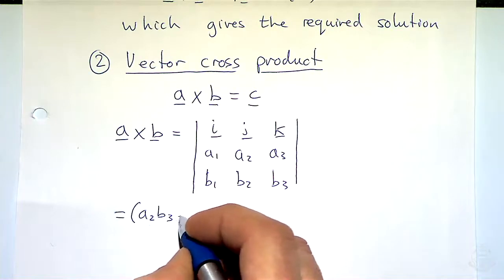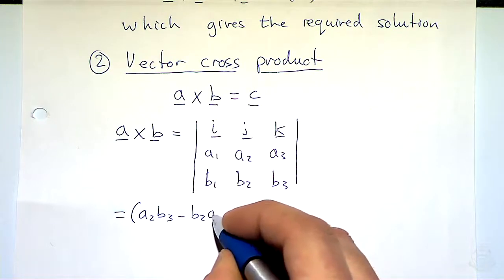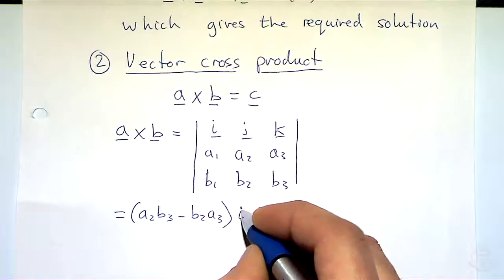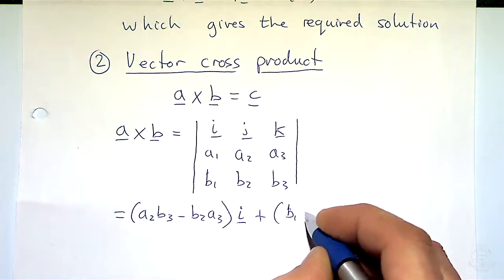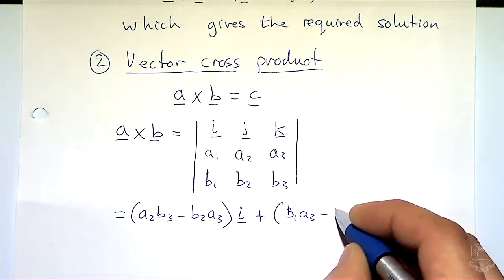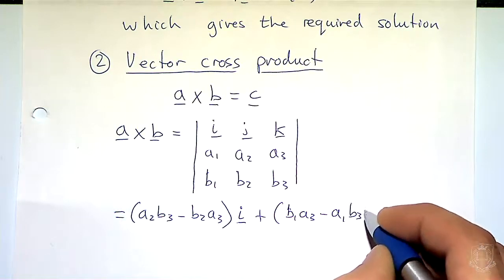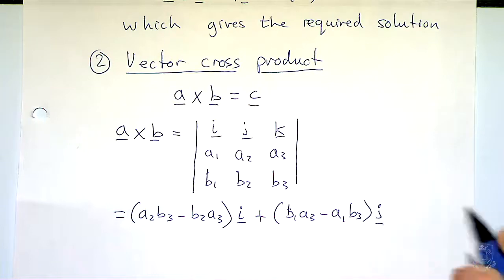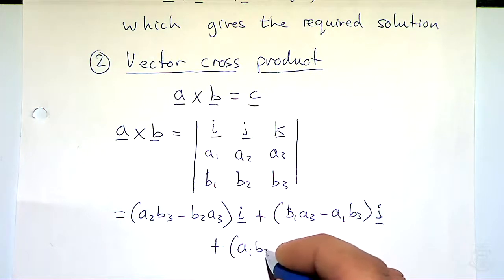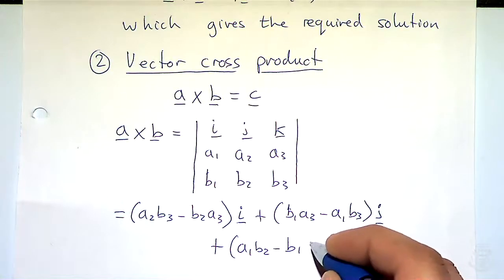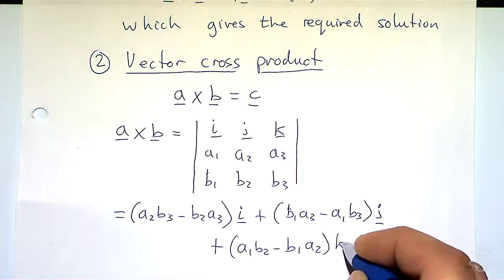And then there's a specific way of multiplying these out which gives you this result. A2 times B3 minus B2 A3, all times i. And then we add B1 A3 minus A1 B3 times j. And the final component is A1 B2 minus B1 A2 times k.